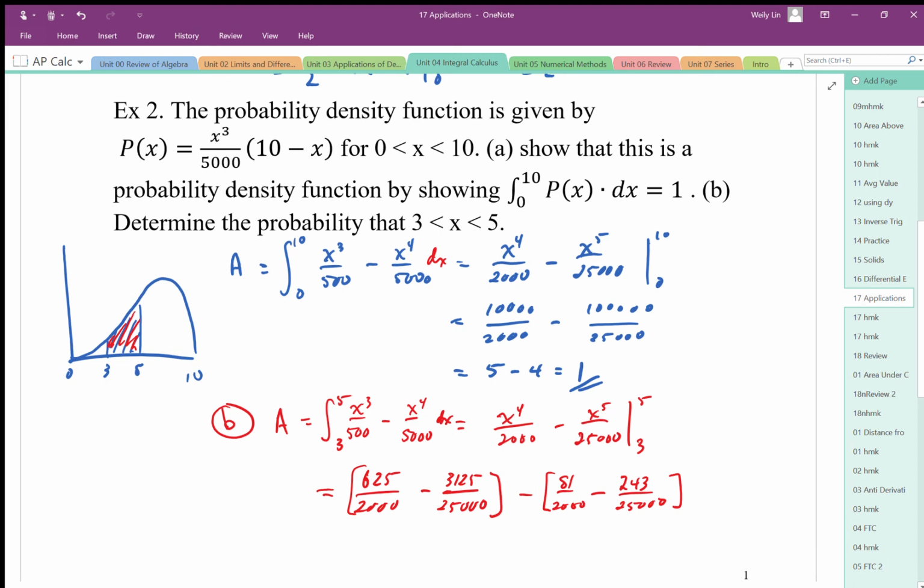My final value here, the probability, works out to be about 15%. So that area underneath the curve represents about 15% of the entire area underneath it. The red area represents about 15% of the entire area underneath that curve, which is 100%.